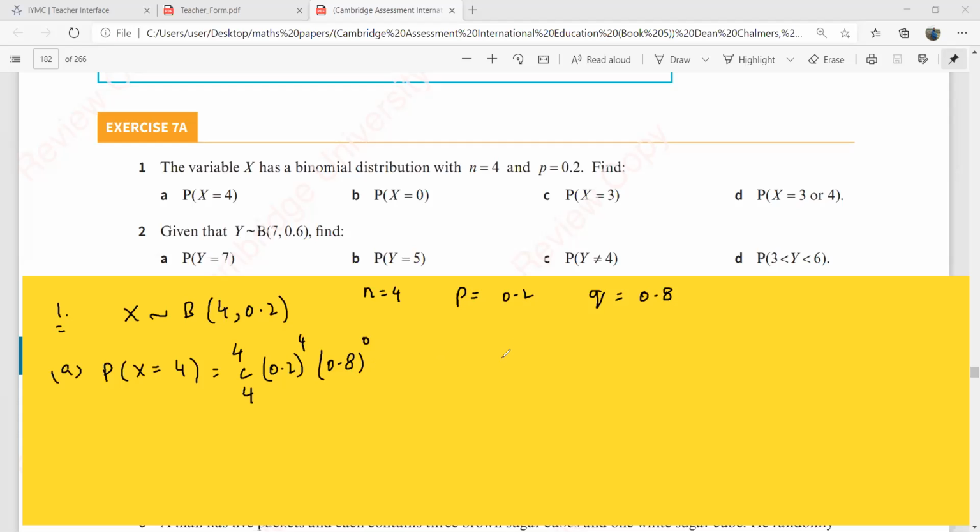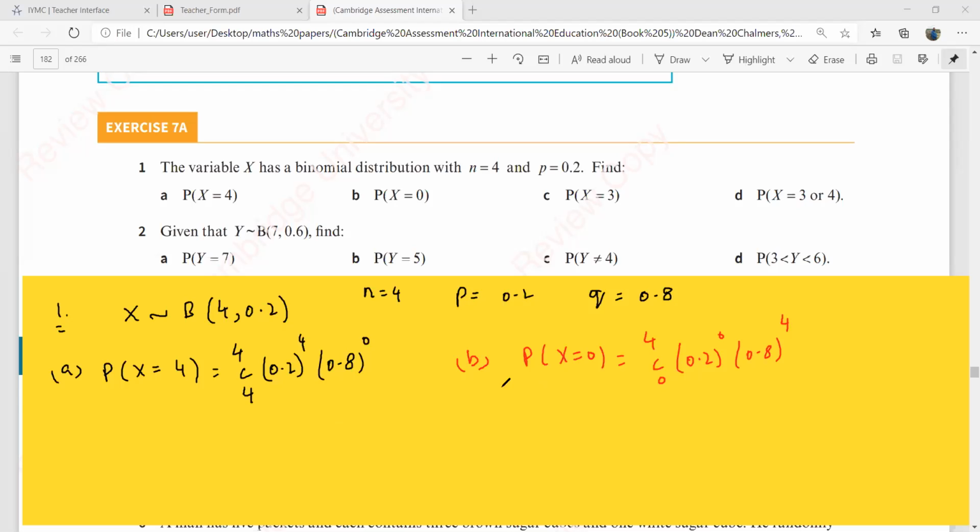Okay? Look at the B part. In the B part, it says probability X equal to 0. So that is 4C0 and 0.2 raised to power 0 and 0.8 raised to power 4. You can use your calculator. Now remember, this binomial distribution also deals with the discrete number of outcomes like successes.